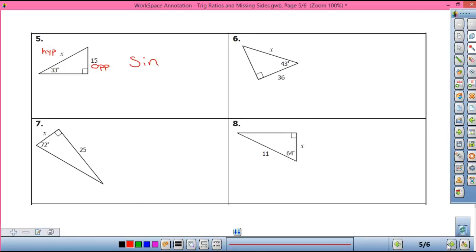Okay, so sine of 33 equals opposite, 15, over x. All right, so we gotta talk about how we solve this. What do I have to do with x to solve this equation? I gotta multiply both sides by x. So I have x times the sine of 33 equals 15.